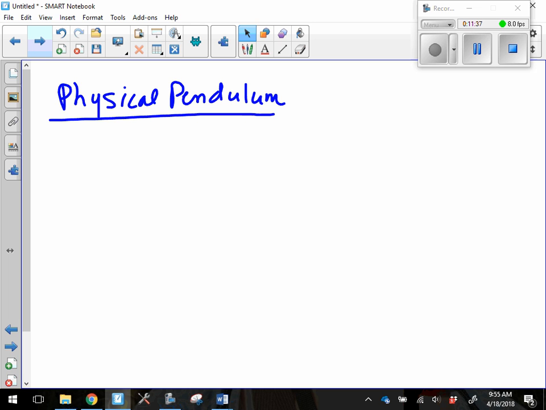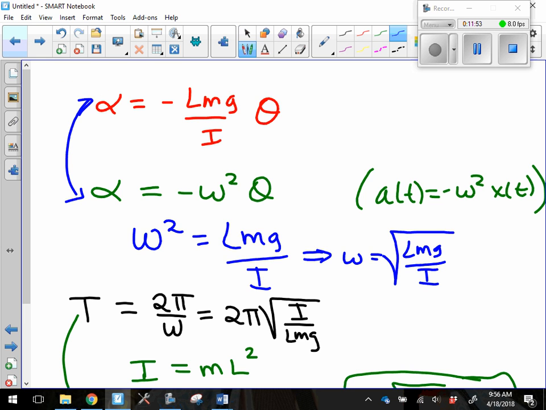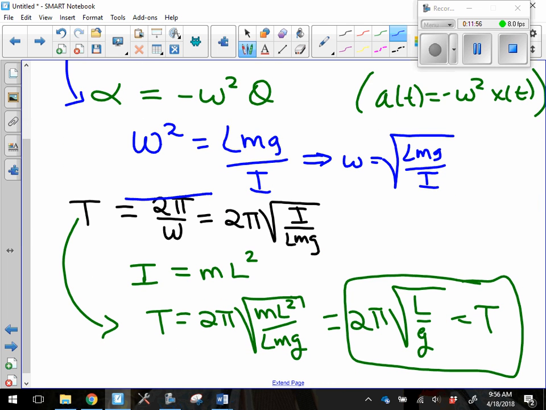But we could take an extended object. We could take an elephant. We could take a really big disc and put it on the end of a pendulum. And that would be a physical pendulum too. So to express the period for this, we just go back to here.